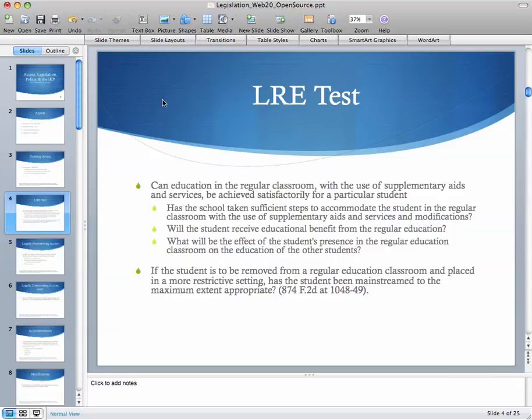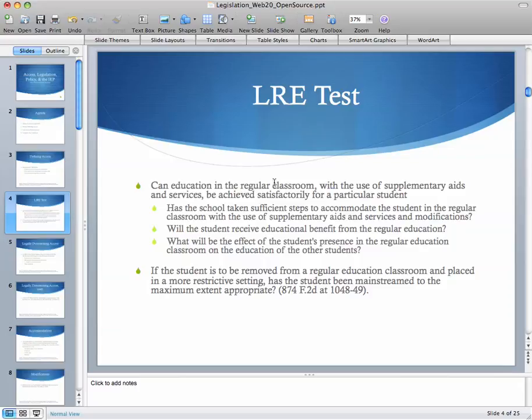Okay, that's the first thing we look at. Second, will the student receive educational benefit from the regular education classroom? Okay, so we next have to make sure, is this student going to receive a benefit from being in the regular education classroom? It's important to remember that most students will.